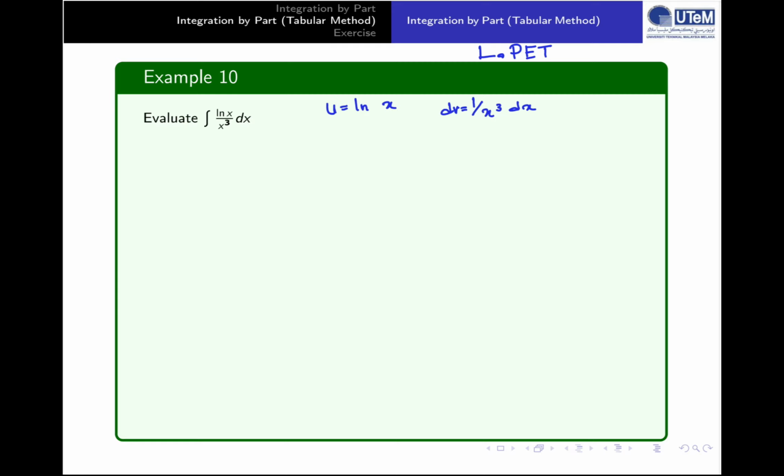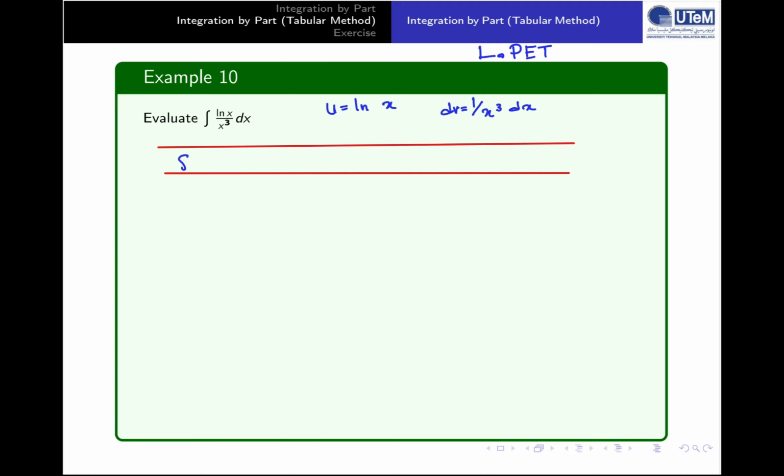So for the first one, okay, you must write a table, which is first sign, then you must differentiate the value of u, and then integrate dv here. So your u is ln x, your dv equal to 1 over x cubed.